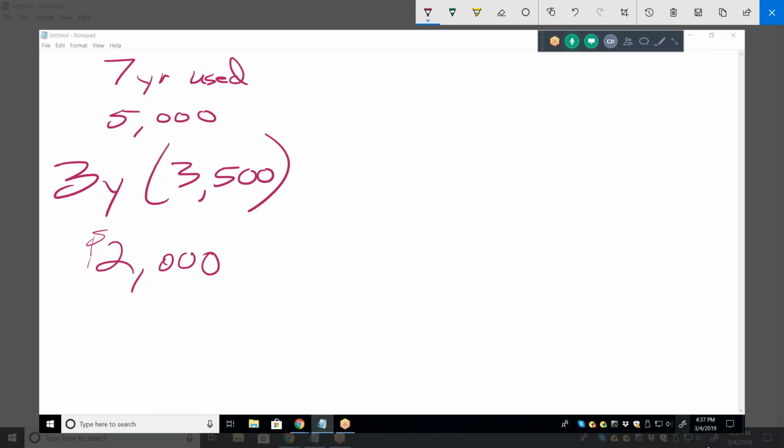What do they want? The rate of depreciation? They want you to come up with an equation, an exponential equation. When you're dealing with anything that is depreciating, it's continuous.